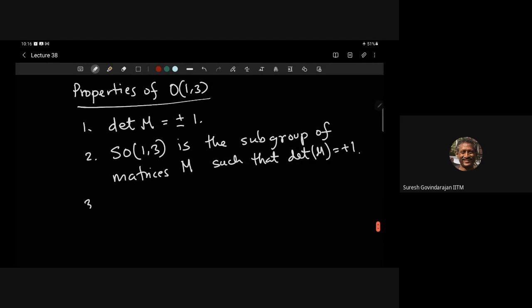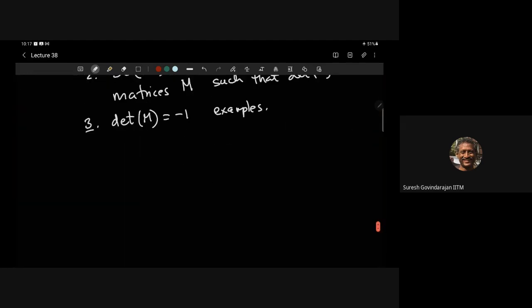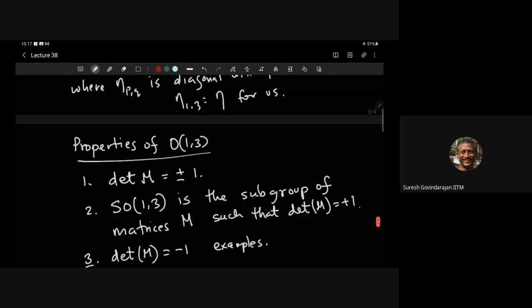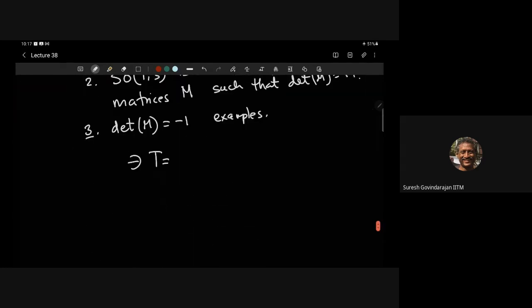Now we can still ask what matrices we can construct with determinant equal to -1. Examples: it turns out we need only 2. So let T, which belongs to O(1,3), be the following diagonal matrix: -1, 1, 1, 1.